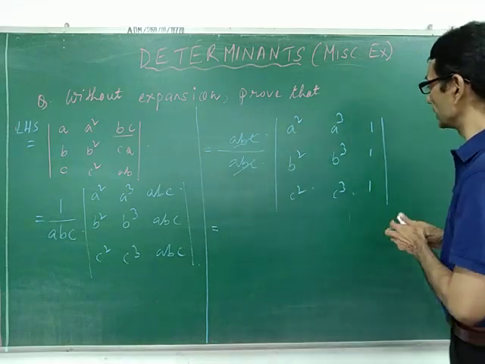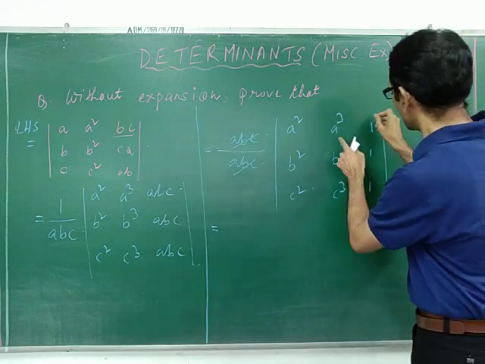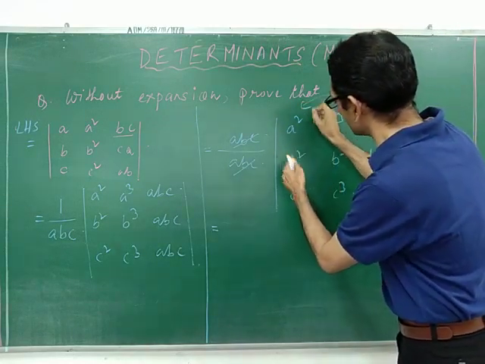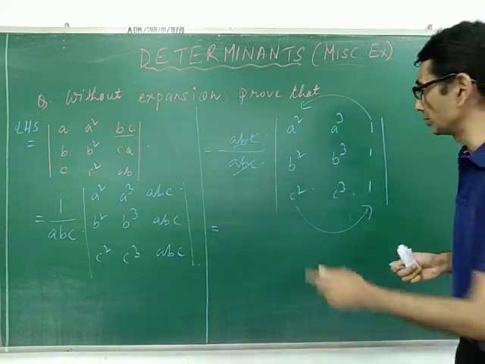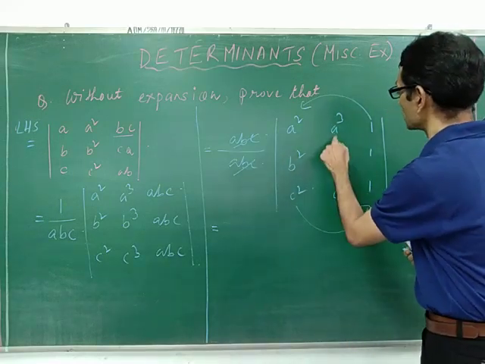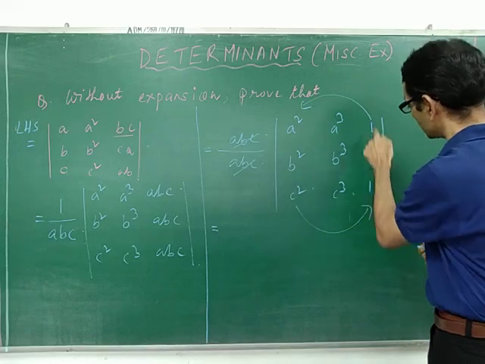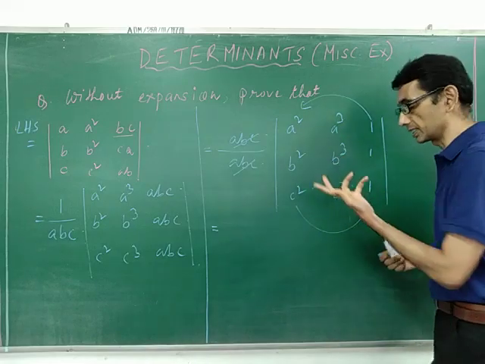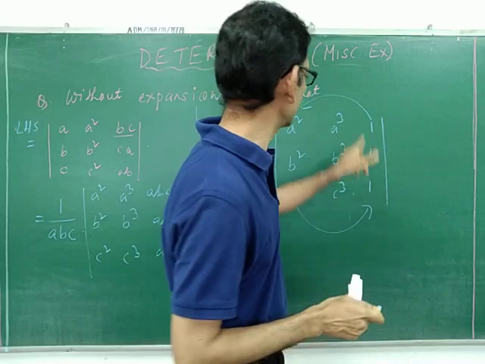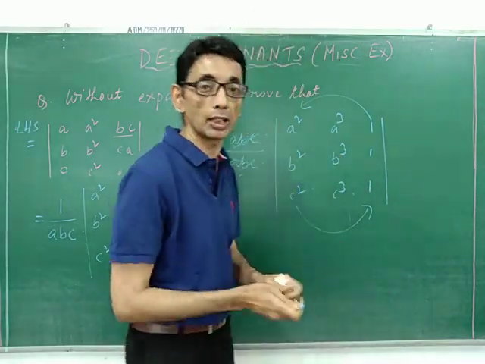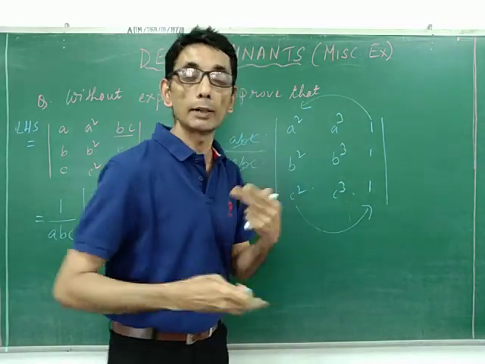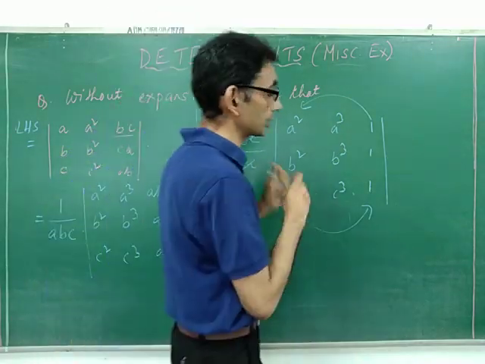So if we shift the third column to the first position and the first column to the third position, our resulting determinant will be 1, 1, 1, then A cube, B cube, C cube, and the third column will be A squared, B squared, C squared. But in the answer, the third column should be A cube, B cube, C cube. So after interchanging the first column, we'll need to make another change.